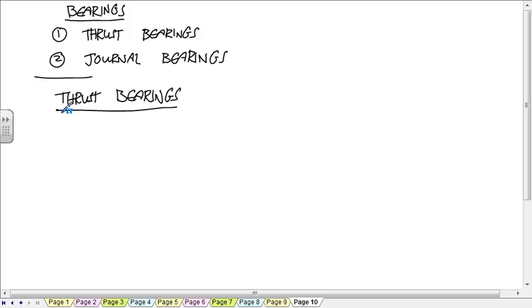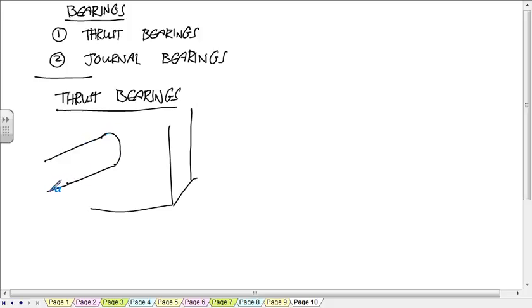And the idea here is, if you have a surface, and say this is a cylinder that's in contact with this surface here, and let's say that there is a force N applied to the surface.